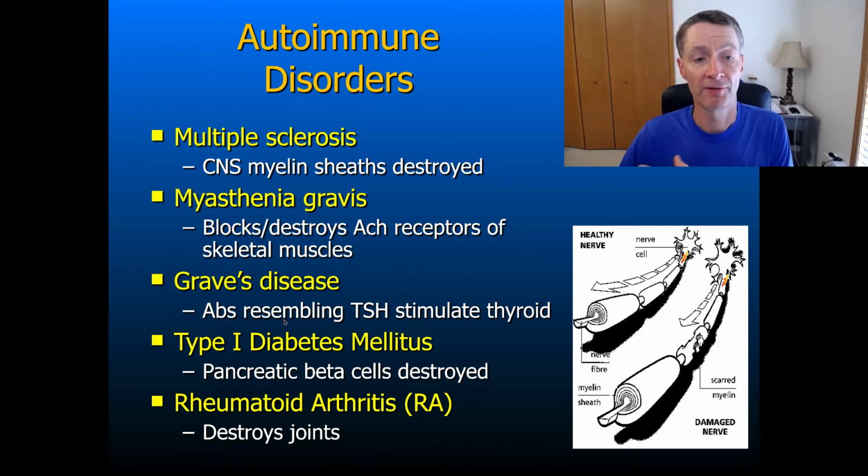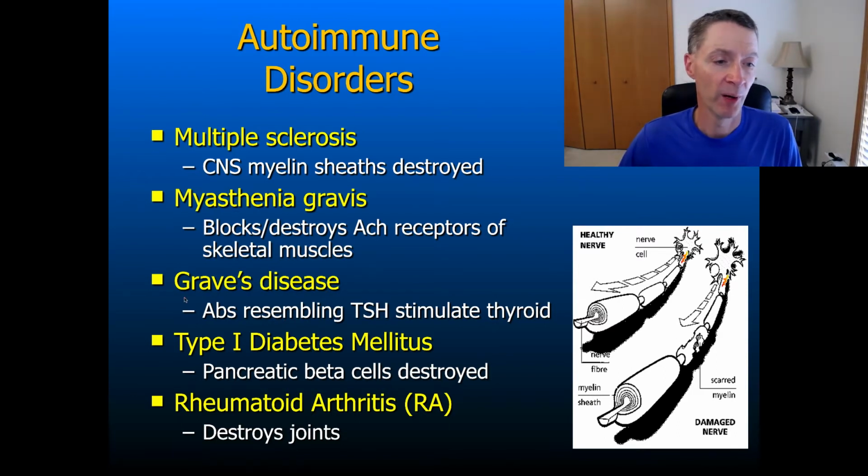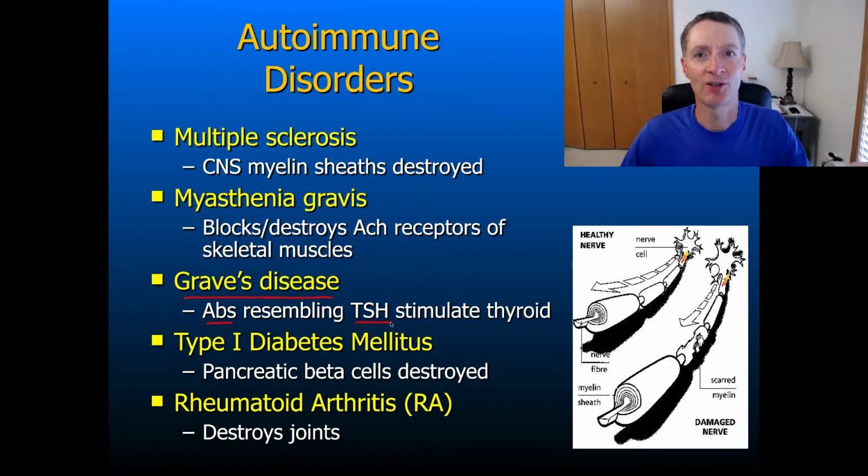These macrophages or other phagocytes are going to come along and do damage. Okay, that's the main problem in most of these. But Graves' disease is interesting because what the antibodies attach to are receptors on the thyroid cells that actually stimulate the thyroid to act faster and produce more product.